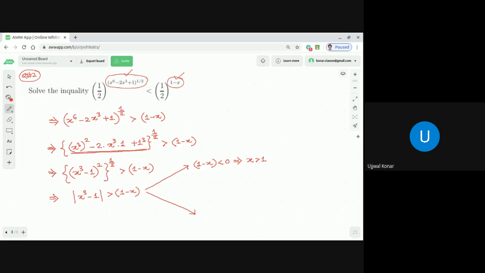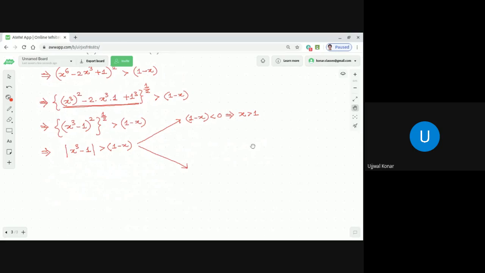Correct or not? What we are going to consider here is when x is less than or equal to 1. For x greater than 1, we get 1 minus x less than 0.